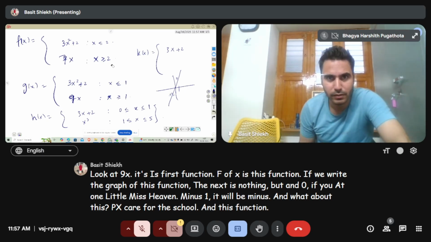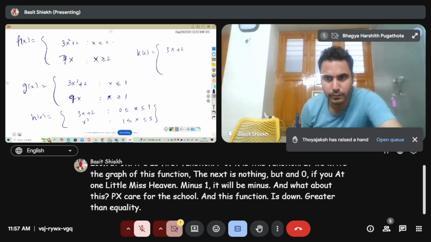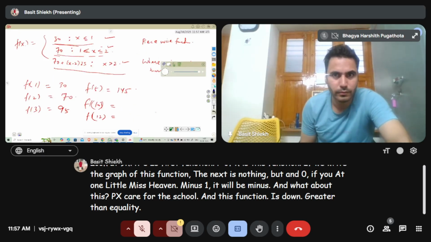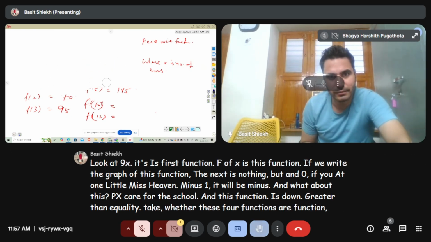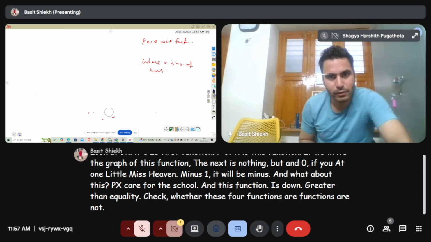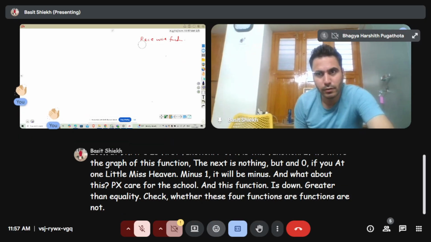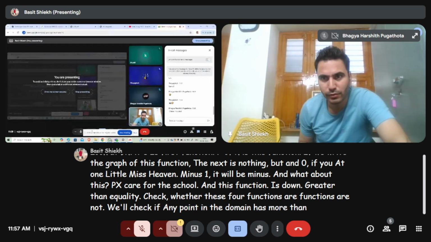But this function is from greater than or equal to 2. Check whether these four are functions or not. We'll check if any point in the domain has more than 2 points in range.